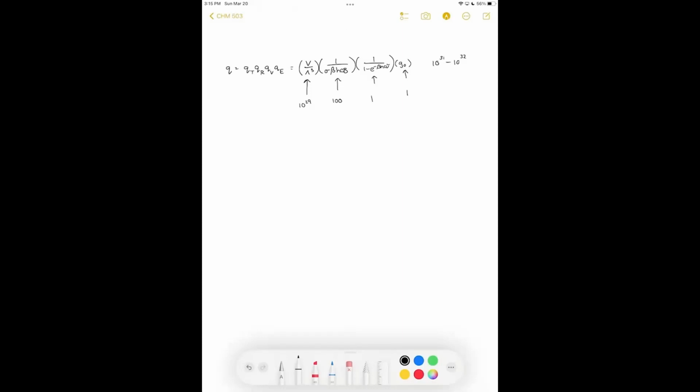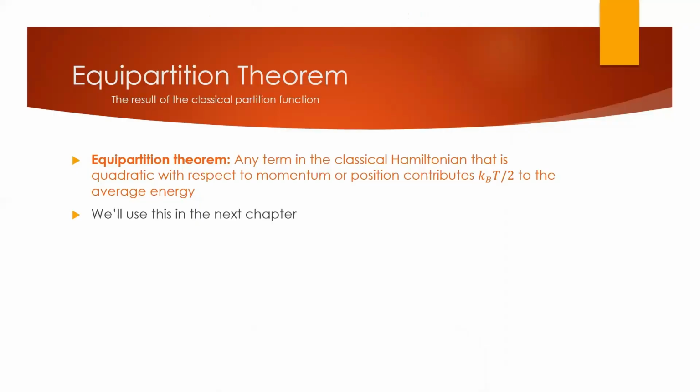One last thing to share before we leave is the equipartition theorem. We've used the equipartition theorem all the way back in our first lab in the semester. This theorem states that each degree of freedom in the classical Hamiltonian that is quadratic with respect to momentum or position will contribute kT over 2 to the average energy.